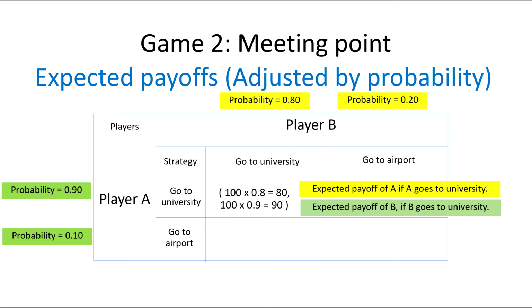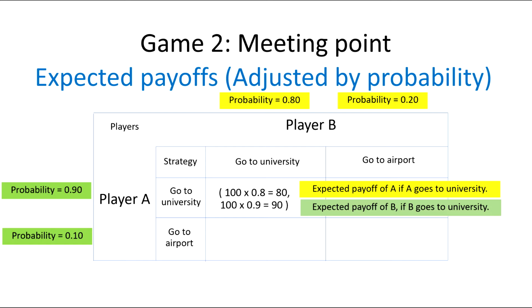In economics, when you use the word expected, it means that we have the probability involved in that calculation. You must remember this. Expected return is the return adjusted by probability. Expected payoffs is the payoffs adjusted by probability.